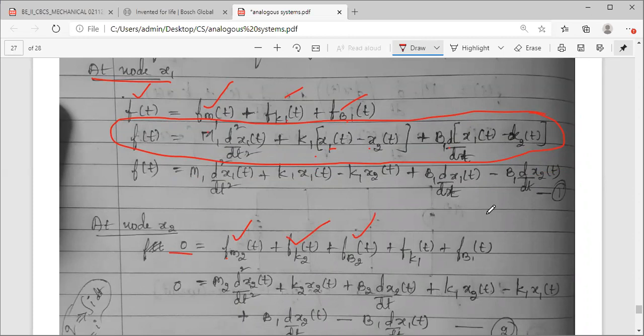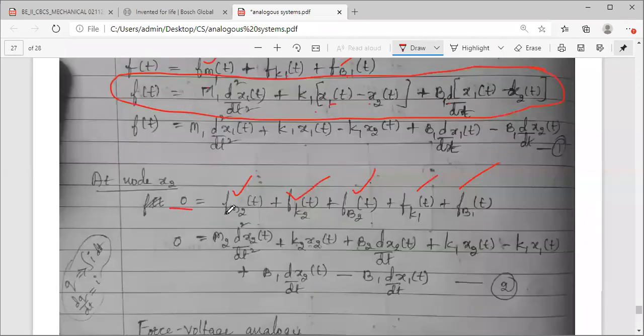Now these are shared elements. Fm2 is m2 d by dt square of x2, k2 x2, b2 d by dt of x2. All three are with respect to x2 displacement.